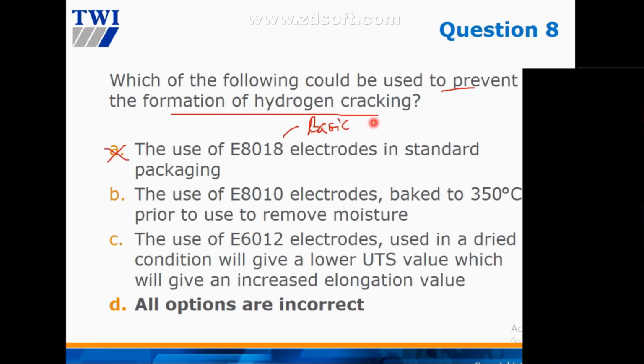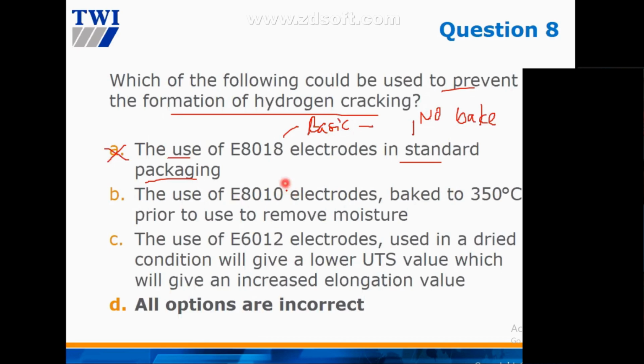We know that it's less than 5 milliliter, but now it said use basic in standard package, meaning this one is no bake. Standard package here means no baking. When it's no baking, the hydrogen level is still higher. Okay, it's high hydrogen, so we cannot prevent hydrogen crack. So that's why A is wrong answer.